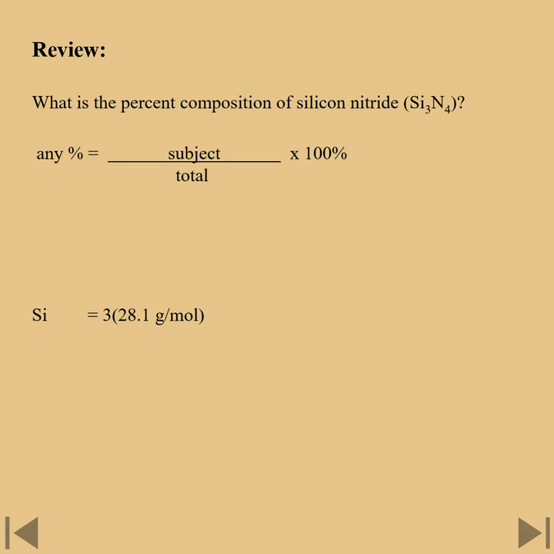Okay, so for the mass of the silicon, we had 3 silicons, each had 28.1 grams per mole, for a total of 84.3 grams per mole for the silicon. And we had 4 nitrogens, each at 14.0 grams per mole, so that's 56 grams per mole for the mass contribution from the nitrogen.